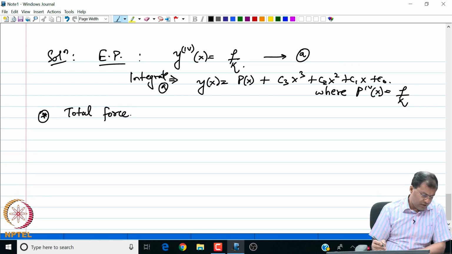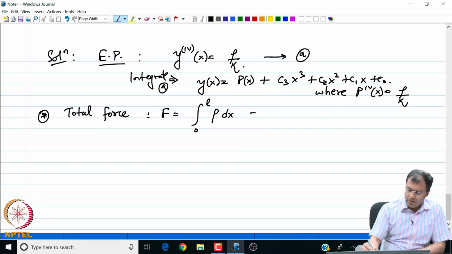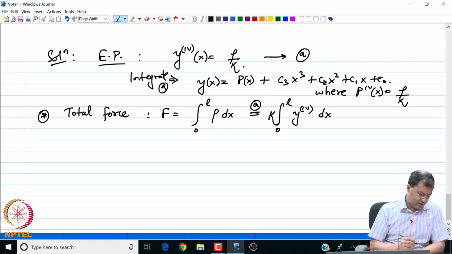The total force is defined as F is the integral from 0 to L of rho dx, right, and from A, this is also equal to the integral from 0 to L of kappa times y fourth derivative dx, right.